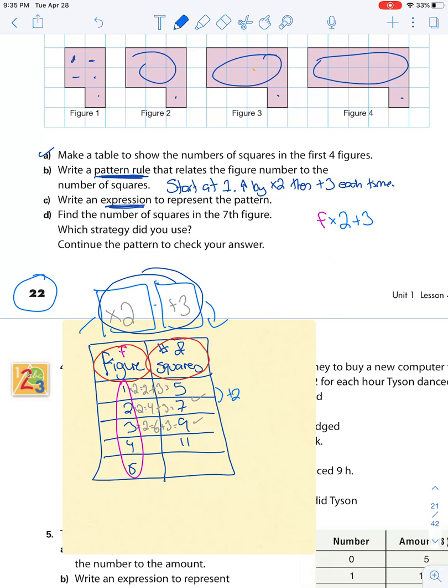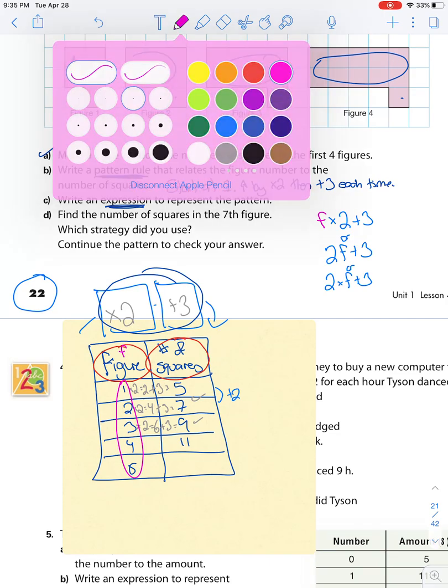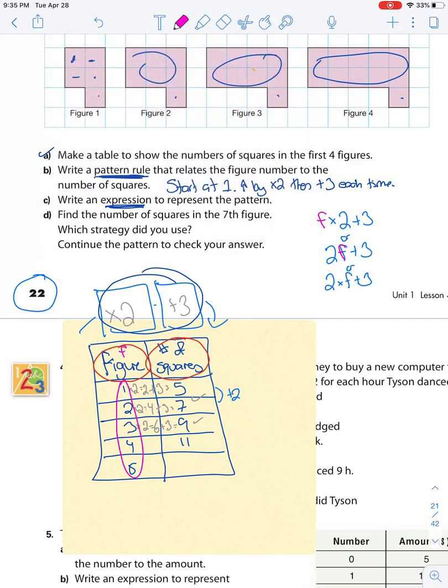So that means that my expression, this is one option, or it could be 2f plus 3, or it could be 2 times f plus 3, okay? So again, we're just noting that the f has moved positions, but they all mean the exact same thing, okay? Alrighty, there you go.